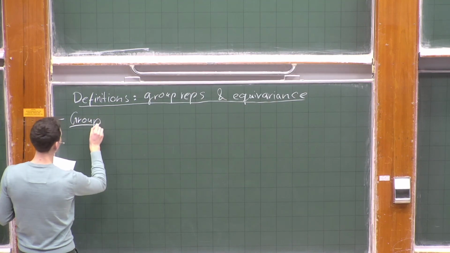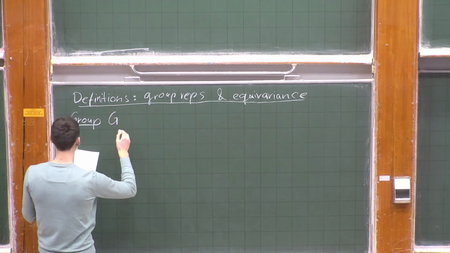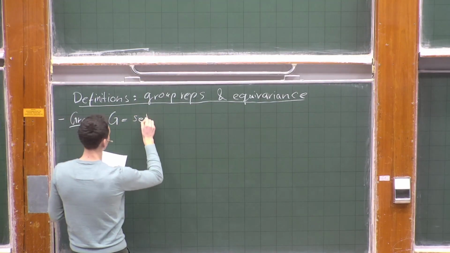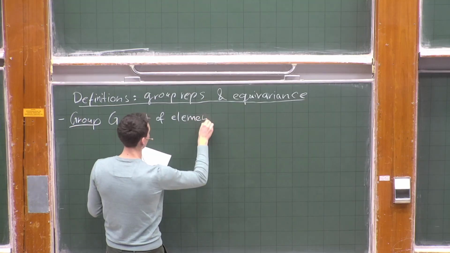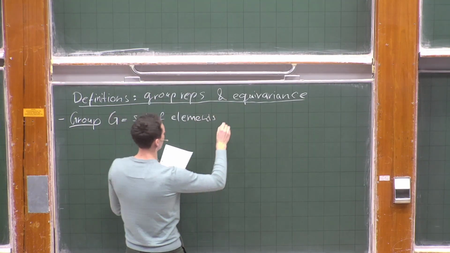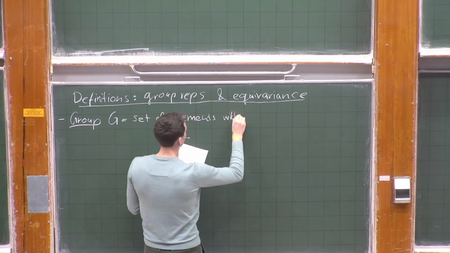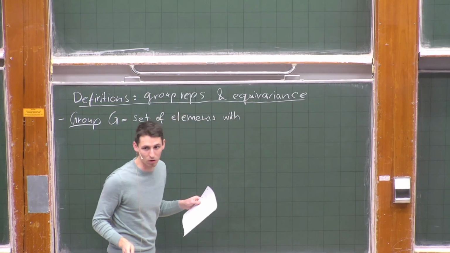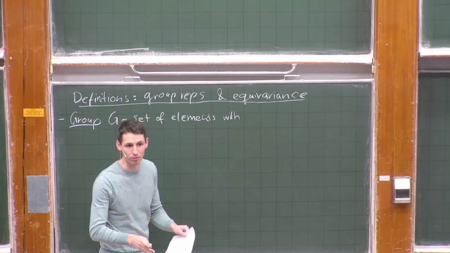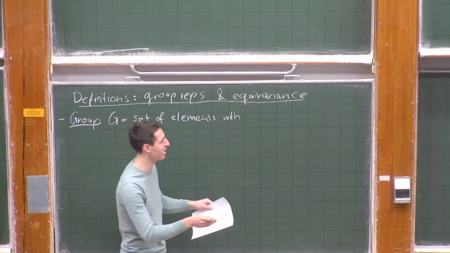Just to recall this, a group G is a set of elements with a binary operation which is closed. So if you take two elements from the group and then you do this operation, you still end up being in the group.